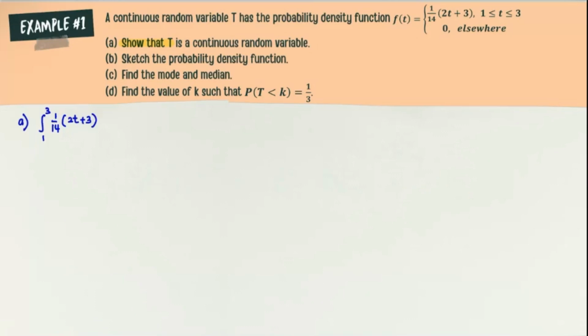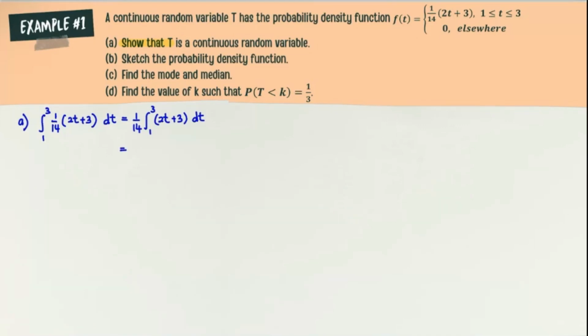Do you still remember how to integrate? Okay, ini integrate function yang mudah sahaja. So apa yang saya akan buat, saya nampak constant dekat depan. So kita bawa dia keluar dahulu. So I'm going to integrate 1 until 3 of 2t plus 3 dt.